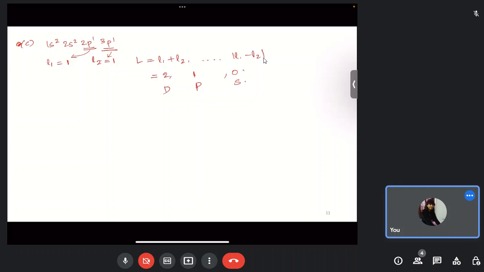Okay. And the S value, the total spin angular momentum, capital S, is the summation of s_i, down to the absolute value of the difference. Here we have 2 electrons, so it's 1/2 plus 1/2, which is 1, and 0.